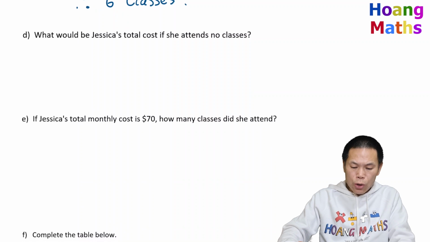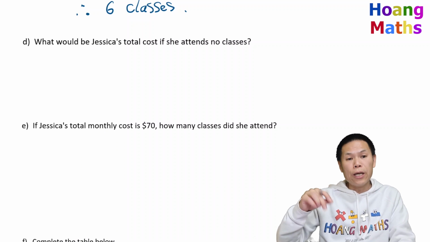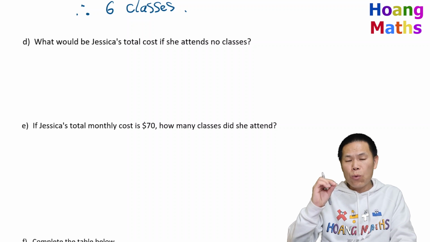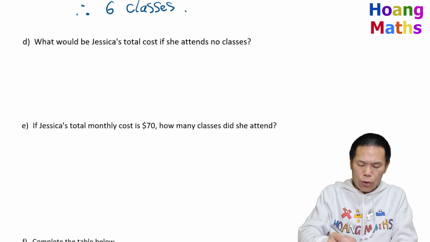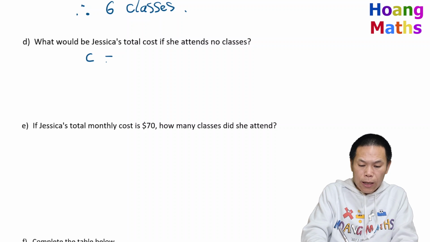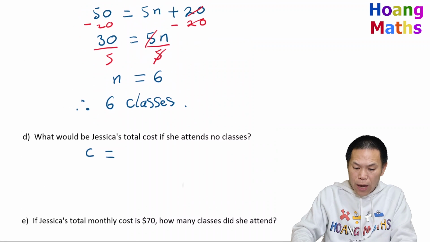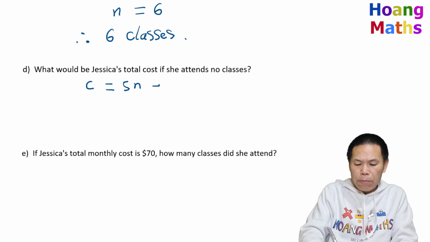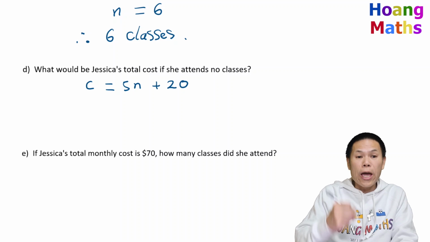Part D. We need to work out the total cost if Jessica is not attending any class. In other words, n is equal to 0. And we know that C is equal to 5n plus 20. So n is 0.